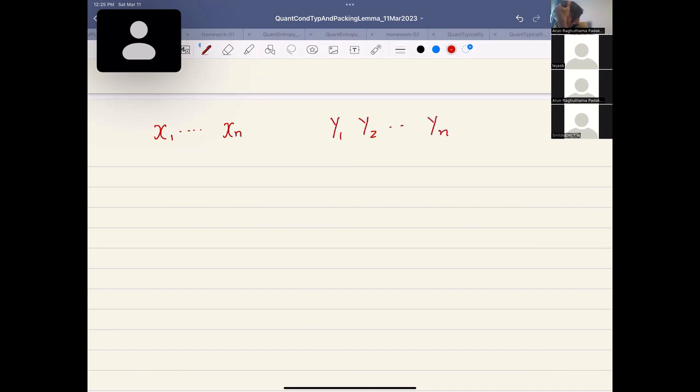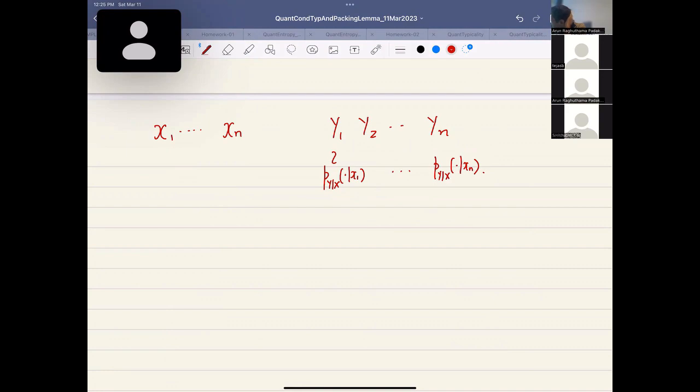So in this case, all the y's came from the same support set. Correct. But in the quantum case, that's not the case, because these eigenvectors are not mutually orthogonal. Like rho x1 and rho x2 could have different sets of orthonormal bases. Yeah. Okay, and go ahead.